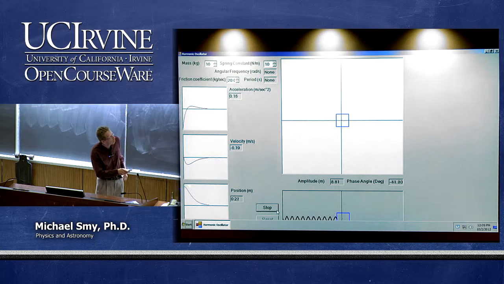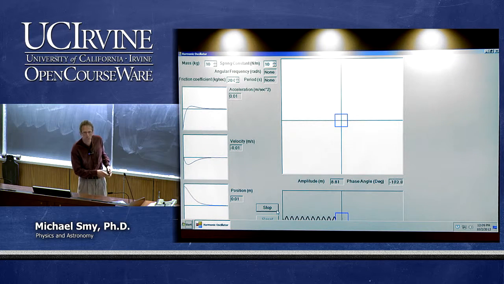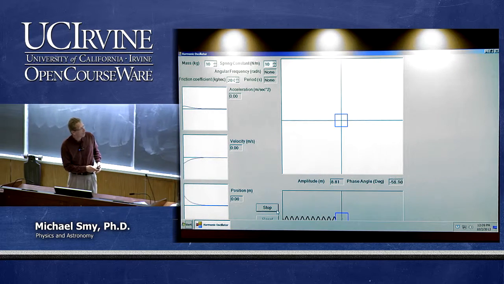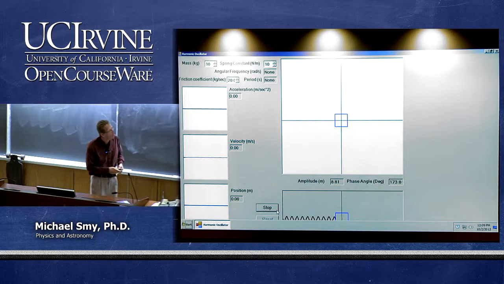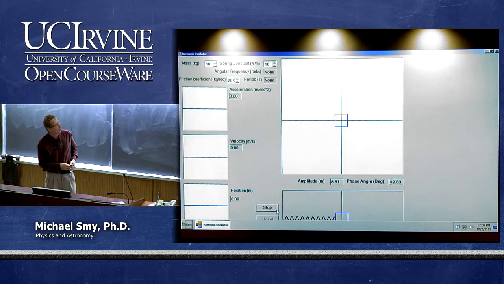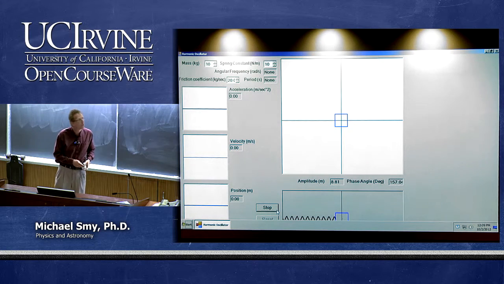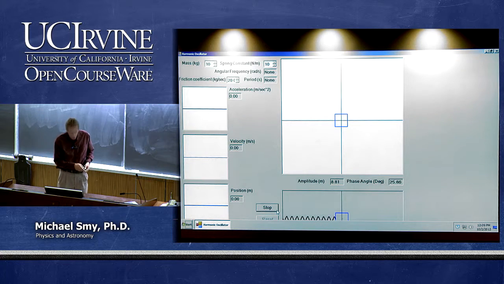So the position graph just directly goes to 0 without ever swinging on the other side. And this condition is called critical damping. And it is important, for example, for car shock absorbers, because that's what you want when you hit a bump, that it doesn't take long to come to equilibrium.